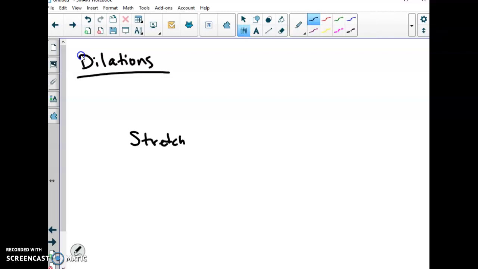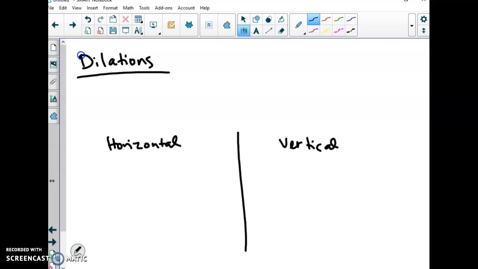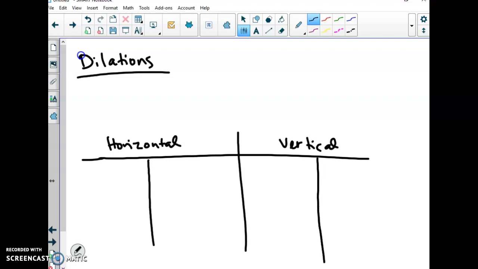We have horizontal, and then we have vertical. I know you guys are writing this down and I'm switching it. So this is going to be like a sub within.